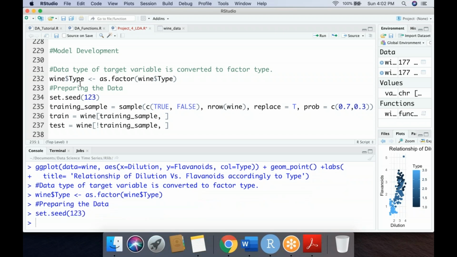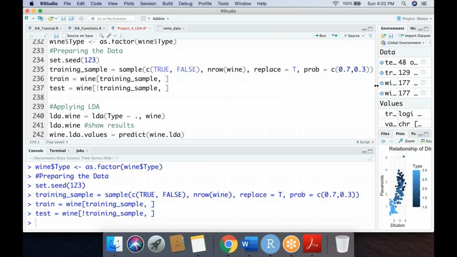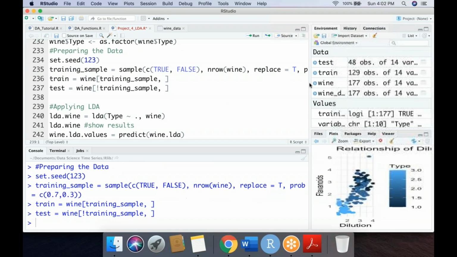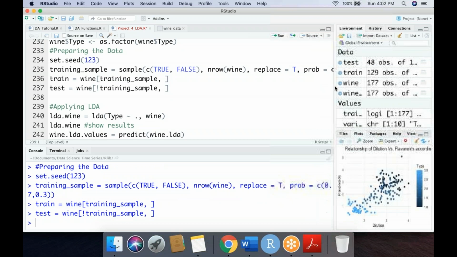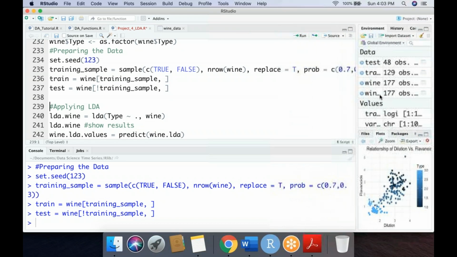Then we have created our training data and testing data out of it. Is it done? I'll wait for some time so that all of you are up to the mark.